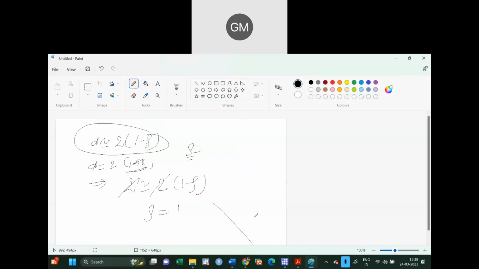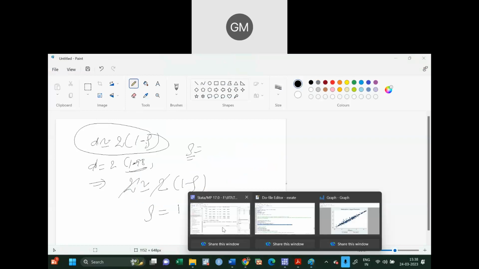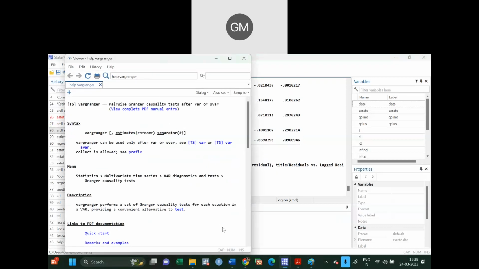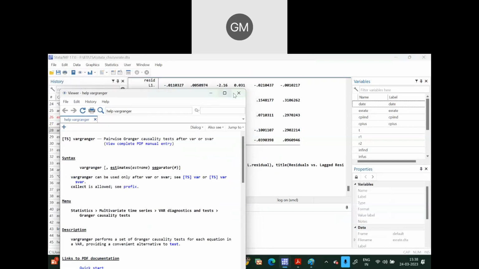Nihar is telling that varGranger is the command. So you can write help vargranger, for Granger causality. It will take you to the PDF. This is the way to find out, and this is also a kind of learning in the workshop.